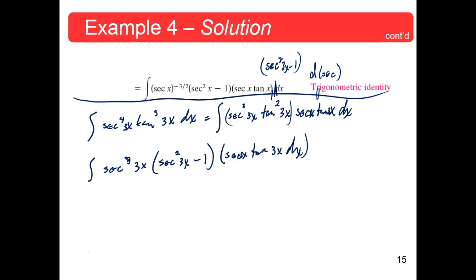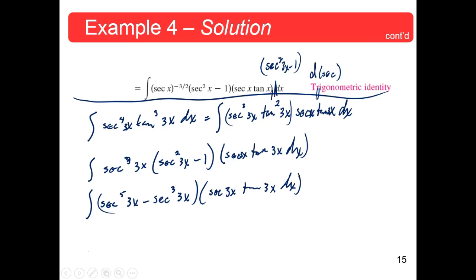Okay. That will be the integral of secant to the fifth 3x minus secant cubed 3x times secant 3x tangent 3x dx.